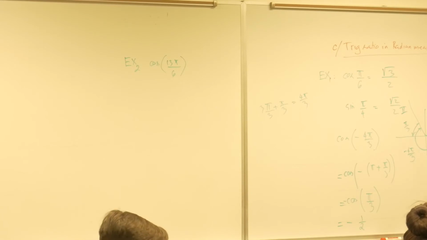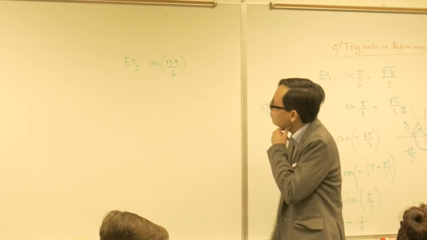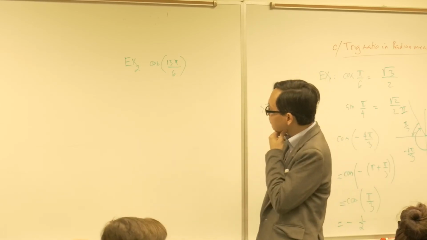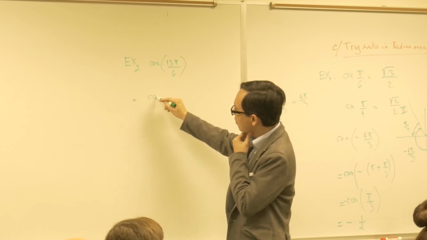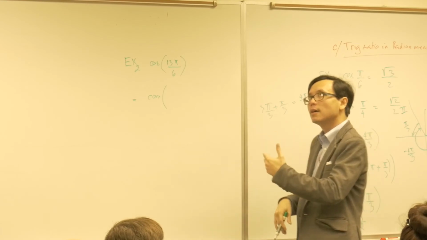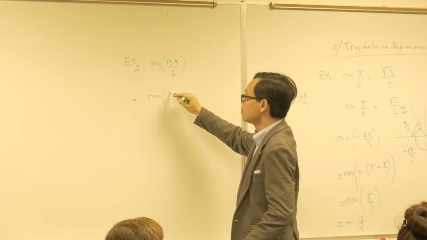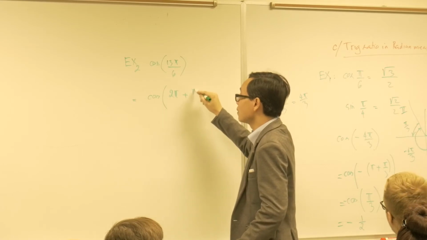If it's not a special angle, there's no way we can calculate manually. You have to put it into a calculator. So maybe this one I can relate to a special angle somehow. Probably not, but let's see. I can rewrite cosine of 13 pi over 6 as 12 plus 1. Look at that, it will be 2 pi plus pi over 6, right?